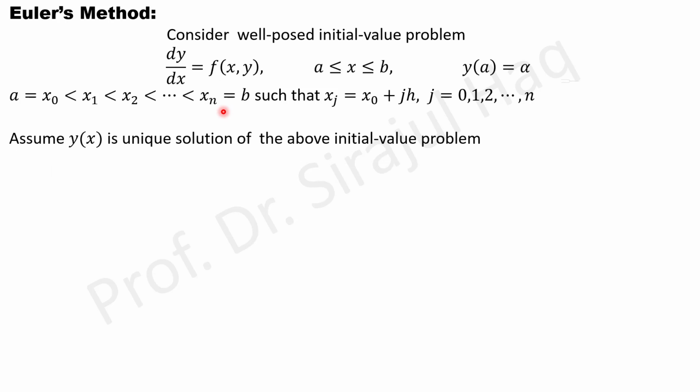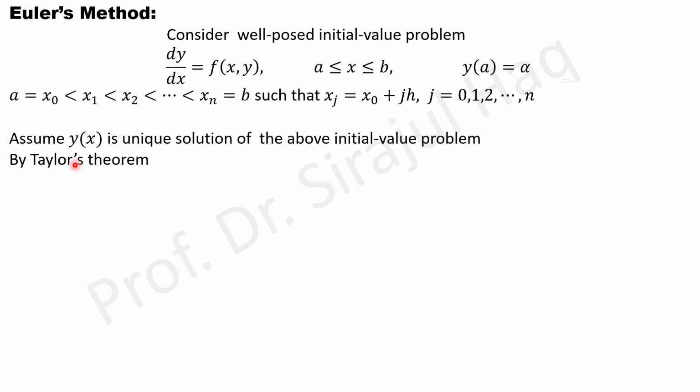In this technique, the value of y of x which satisfies this differential equation is called the solution. So we assume that y is the unique solution of the initial value problem. So this is the complete problem.